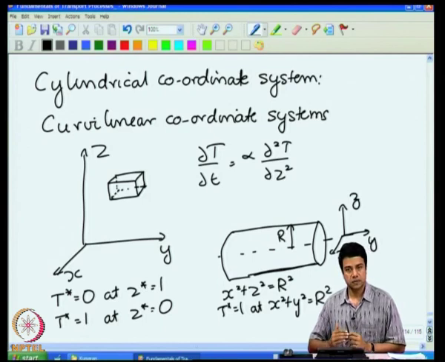So, when we write shell balances in a particular coordinate system, we choose a differential volume in which the bounding surfaces have constant values of one coordinate. In this case, there are 6 surfaces because we have a 3-dimensional space.